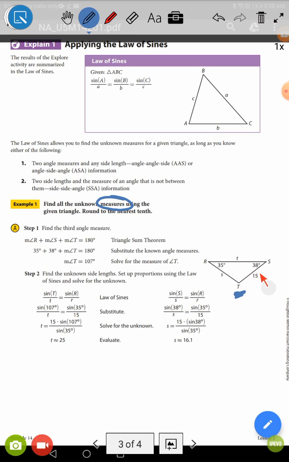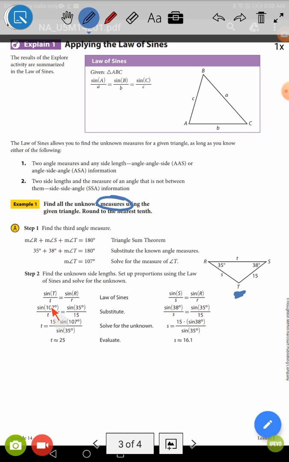Because it's given up and down. So instead of sine R over R we put sine 35 over its opposite, 50. If we want to find T, write sine T over T, and if we want to find S, write sine S over S.